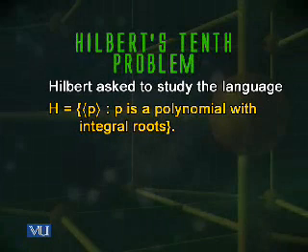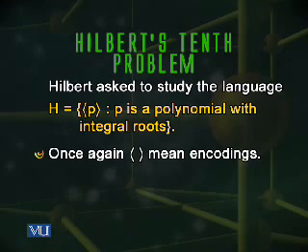So in the formal language, Hilbert's language will be defined as follows. H is given by the encodings of all those polynomials P such that the polynomial P has integral roots. Here once again, the angle brackets are saying that we'll encode the polynomial in some way. There can be many ways of encoding polynomials, and it is your exercise to find at least one way of encoding polynomials.